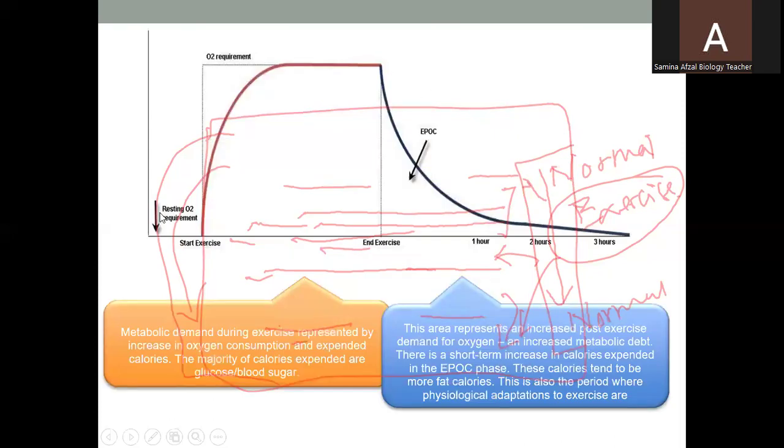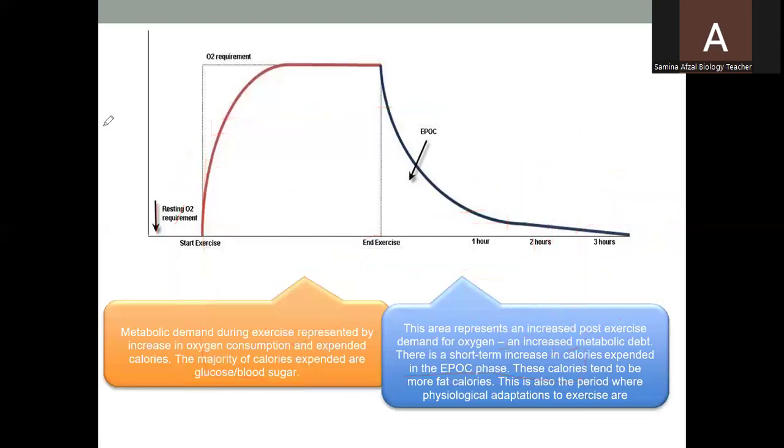Next is a graph which can represent all this. In this phase, exercise starts. When we start exercise, what is happening? Oxygen requirement is increasing. Oxygen consumption or oxygen requirement is increasing till the exercise ends.